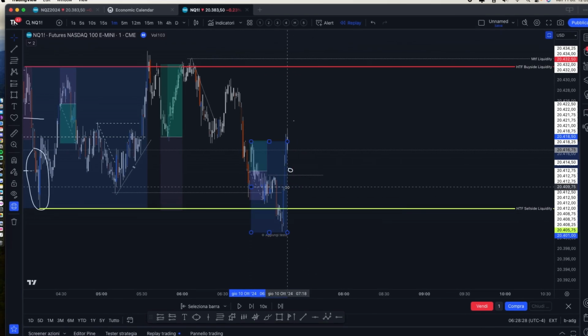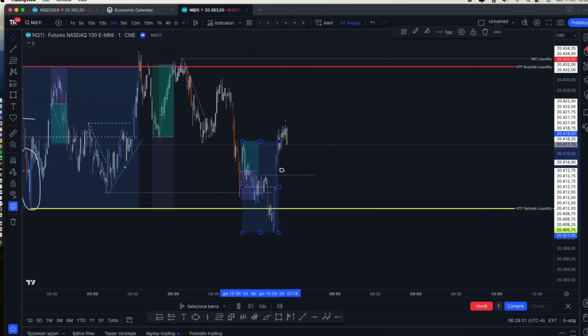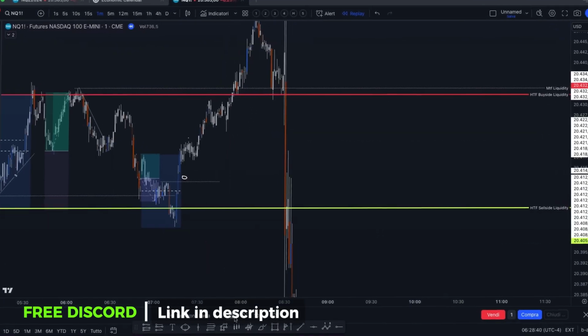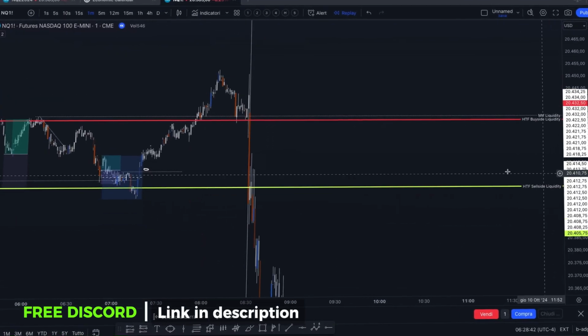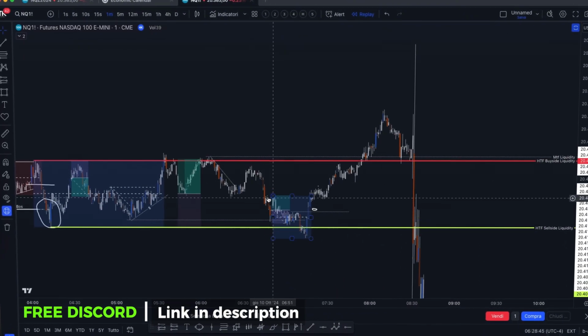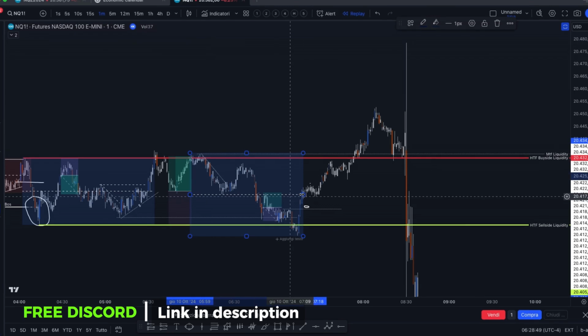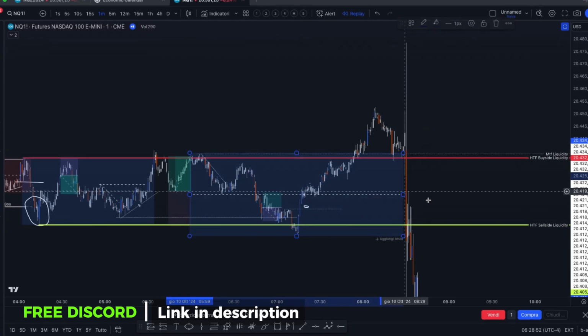I increase the zone every time price is closing above a recent structure. So this is the new zone.